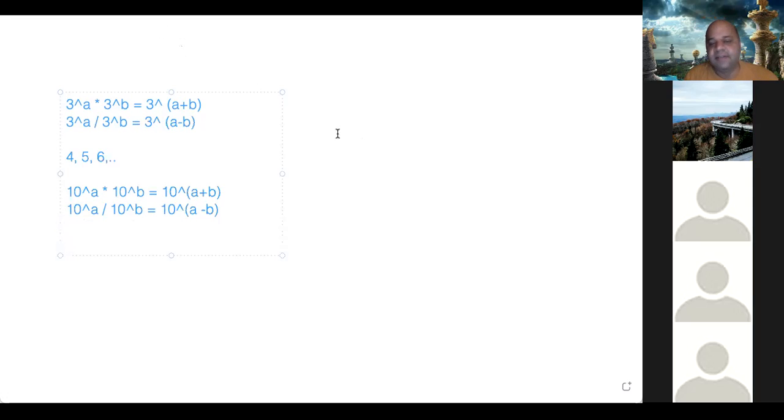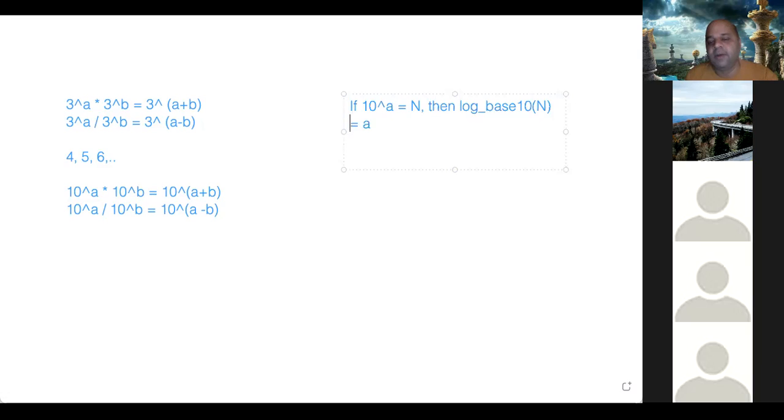If 10 raised to a is equal to some number n, whatever you get from 10 raised to 2, 3, 4, 5, 6, some number, then log to the base 10 of that number is equal to a.